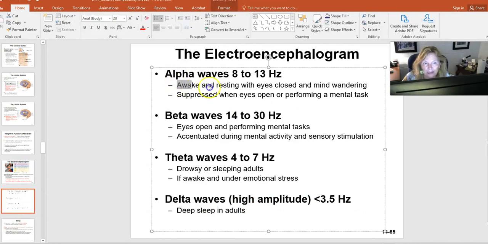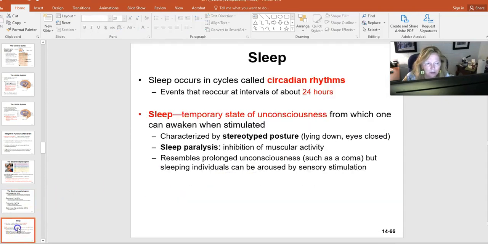So the alpha waves, awake and resting, beta waves, again, I'm not going to ask you these, but I just want you to know there are distinct patterns that we associate with this. Theta waves are going to be drowsy or sleeping, and delta waves are during deep sleep in adults. When we think of sleep, it is vital for your state of health to get enough sleep.